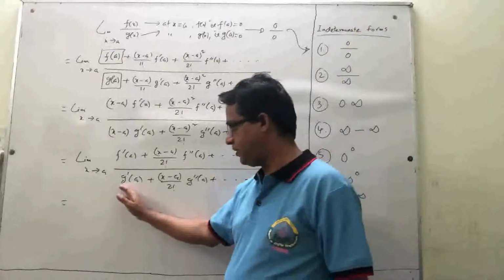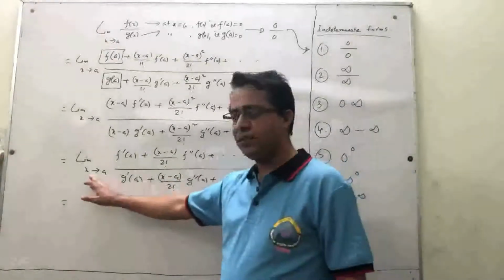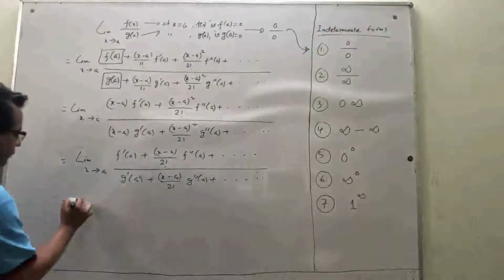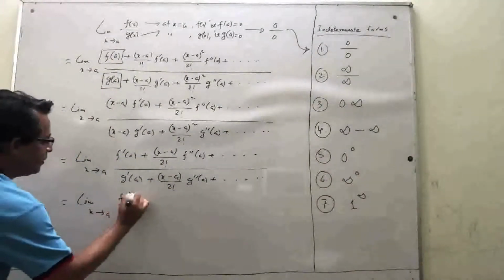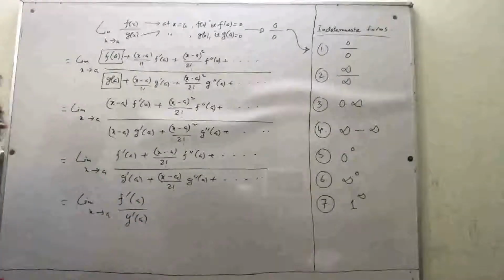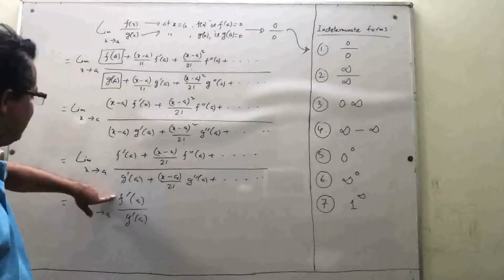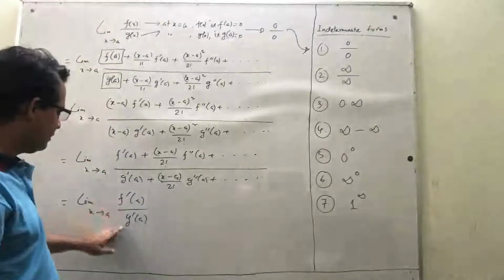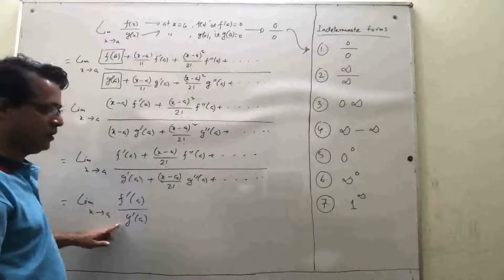Similarly, except g derivative a, all terms are 0 when x equal to a or x tends to a. Then we can write this limit x tends to a as f derivative a divided by g derivative a, where f derivative a is the differentiation of f at x equal to a, and g derivative a is the differentiation of g of x at x equal to a.